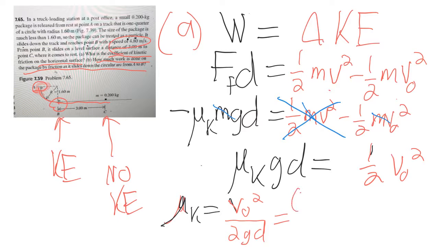So it's going to be 4.8 meters per second, quantity squared, divided by 2 times 9.8 meters per second squared, times d, that 3 meters that it's been sliding down.